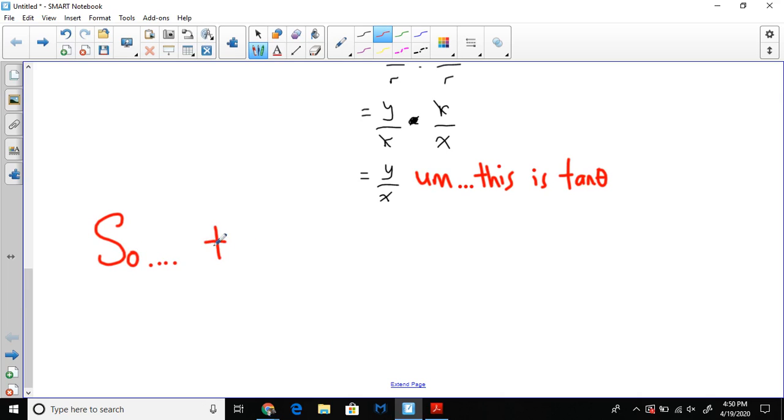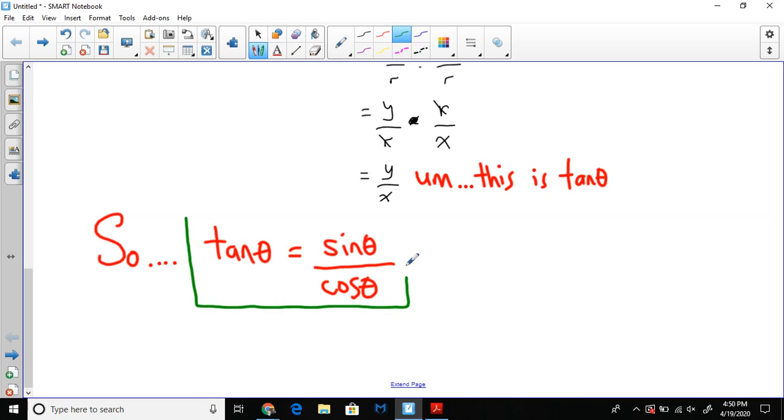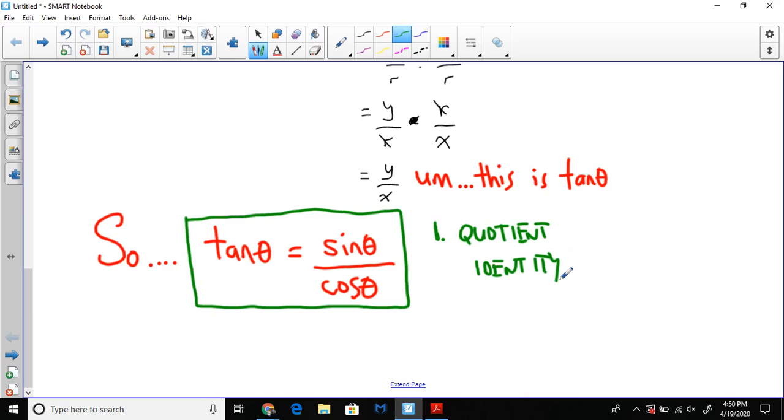That means tan of theta I can write as sine theta over cos of theta. So this is my first identity. We call this the quotient identity.